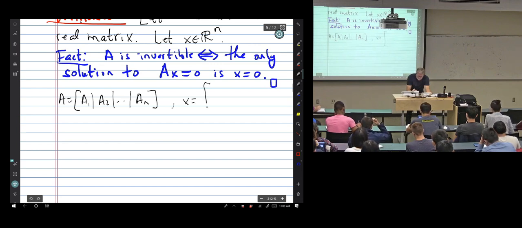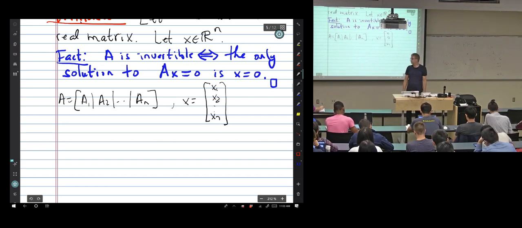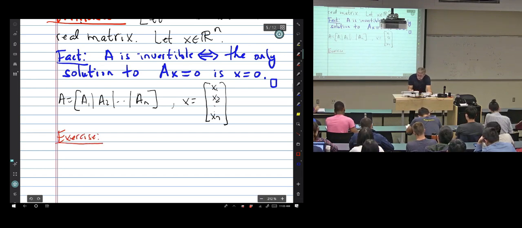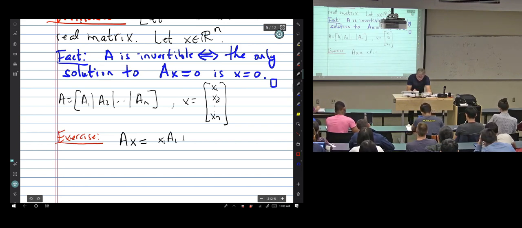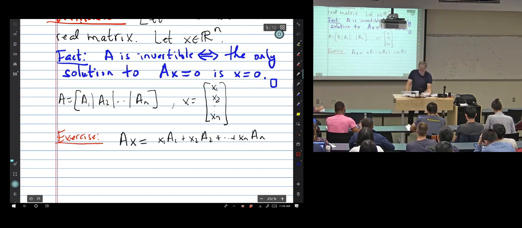And let's write X as x1, x2, xn in terms of its components. Exercise. So I hope everyone will do this at home. Okay? A times x can be written as x1 times a1 plus x2 times a2 plus xn times an.